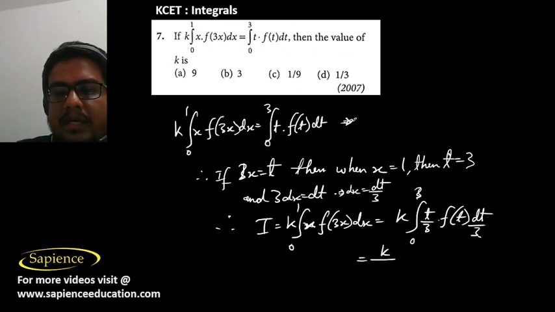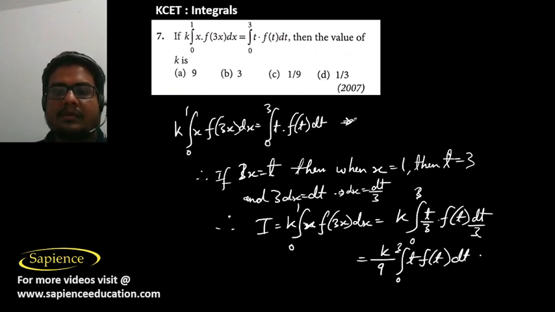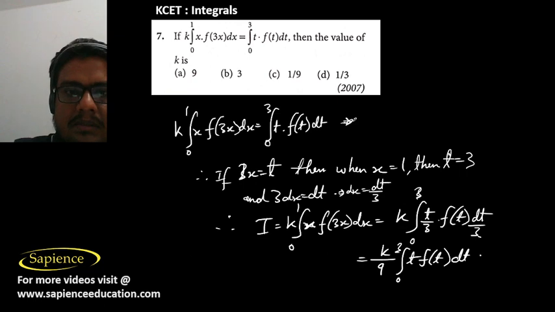So this will be equal to k by 9, integral 0 to 3, t f of t dt. So therefore k should be equal to 9.